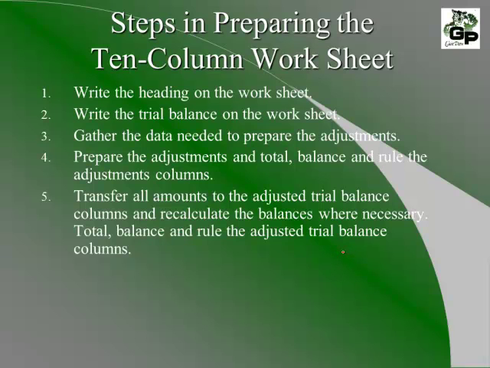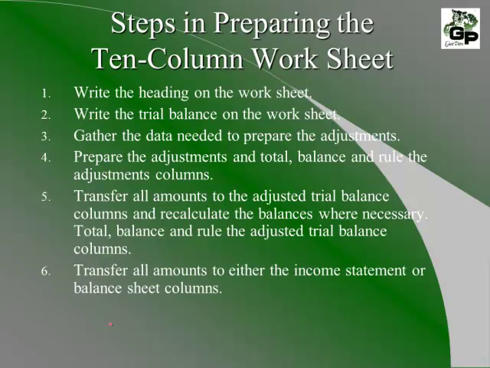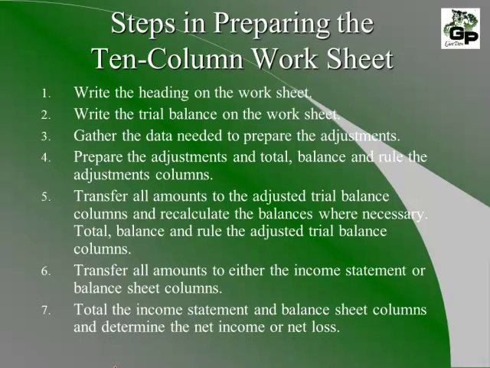Total, balance, and rule the adjusted trial balance column. This is a new step when we're going from an 8-column to a 10-column worksheet. We transfer all amounts in this adjusted trial balance to either the income statement or balance sheet columns. We total the income statement and balance sheet columns and determine the net income or net loss. We balance and rule the worksheet.